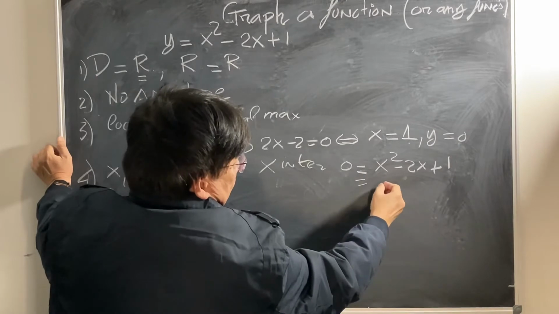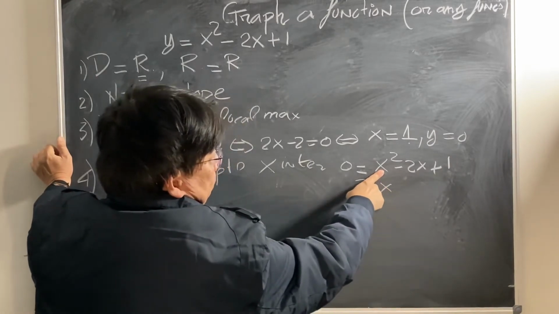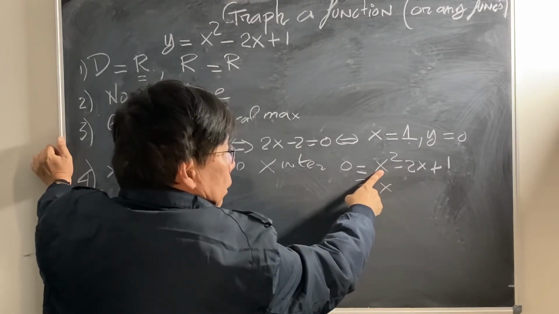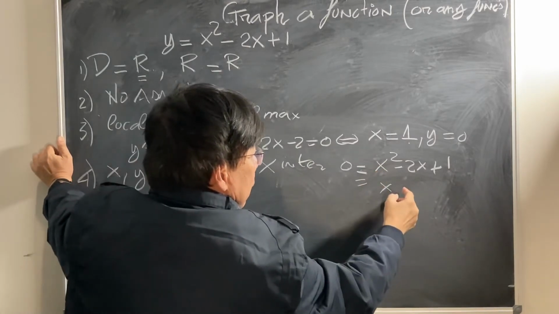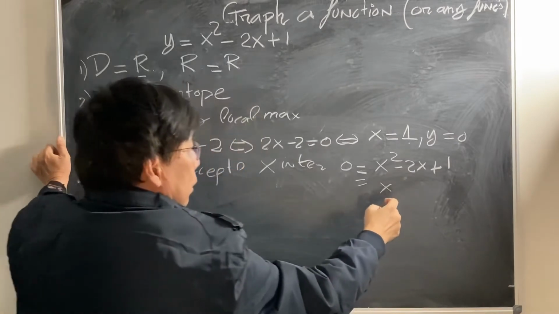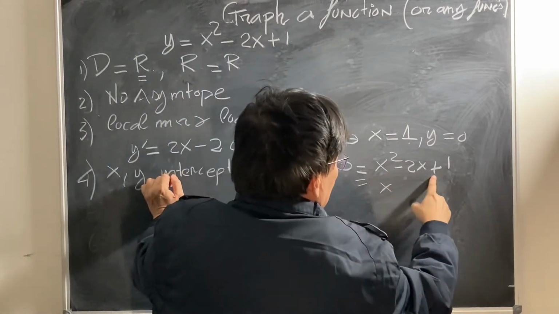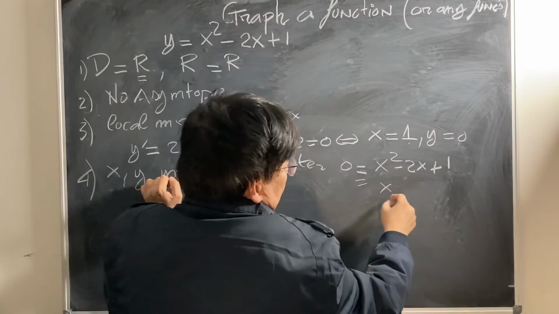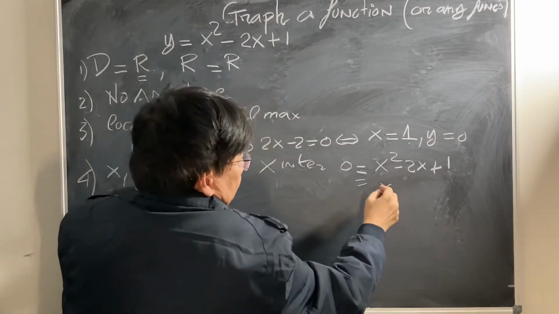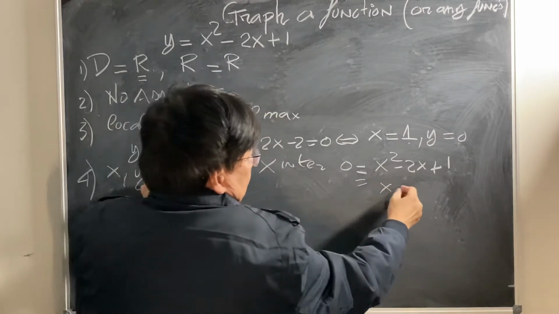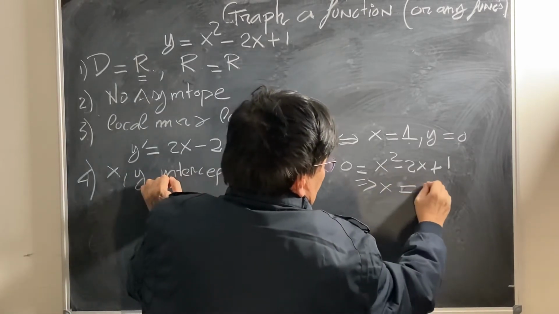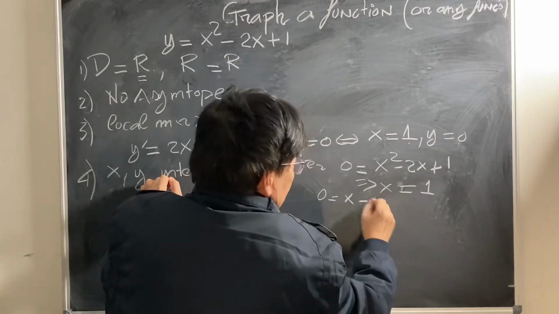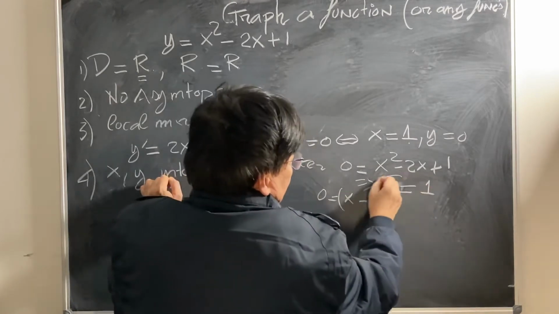It has a double root, x equal 1. So this is equivalent to 0 equal x minus 1, the whole thing squared. That means only one root, x equal 1.